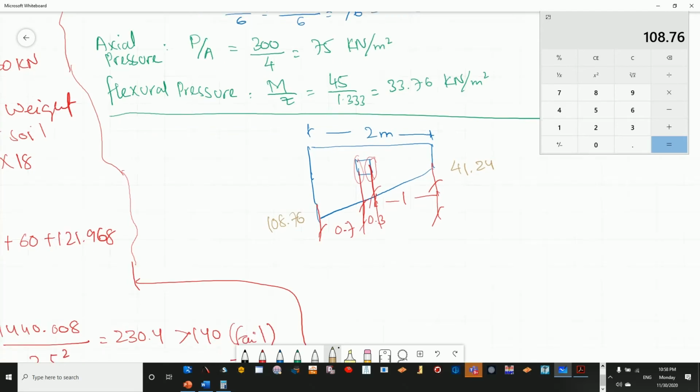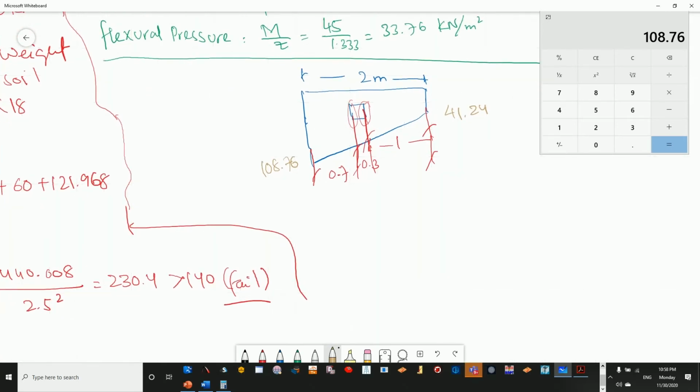So what did we say? We said that we can calculate this particular point. How to calculate this particular point? Let's say that this is point 1 and this is point 2.